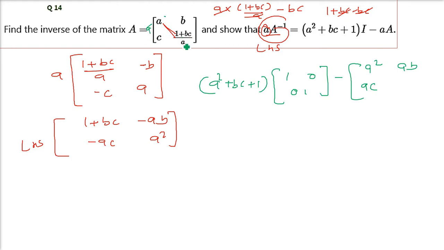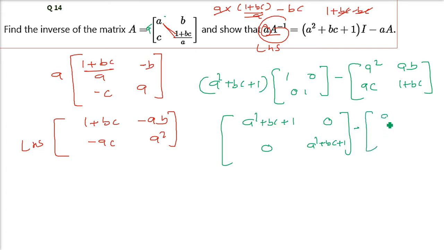You only get 1 plus BC. Now this is simply a scalar multiplication. In the last question we did 9 into I, like that. So A squared plus BC plus 1, 0, 0, A squared plus BC plus 1. And then you have a negative sign here: A squared, AB, AC, 1 plus BC.